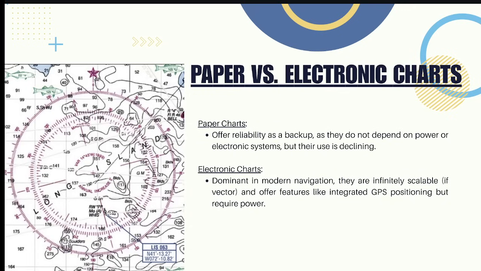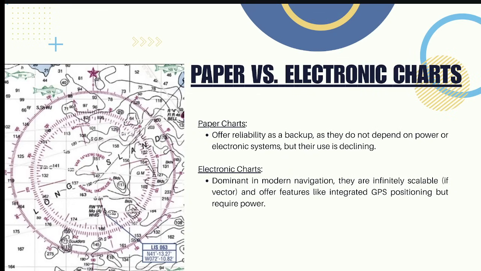They offer more reliability as a backup, as they do not depend on power or electronic systems, but their use is declining because nowadays there is more reliance on electronics.